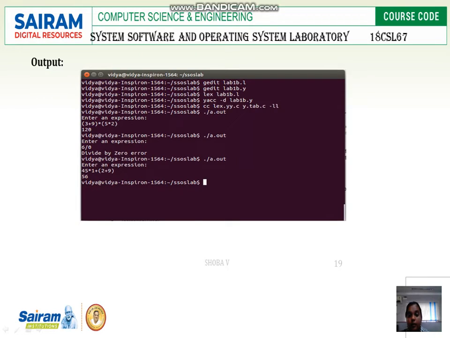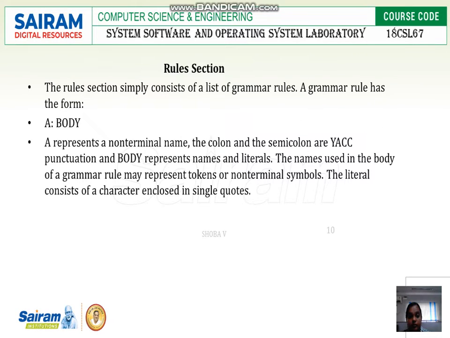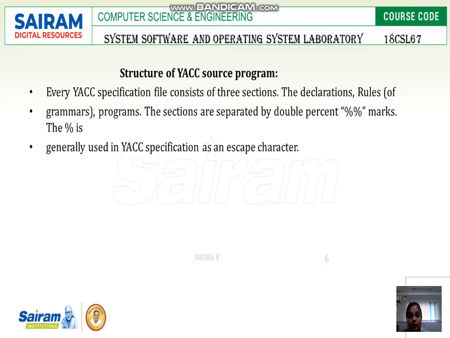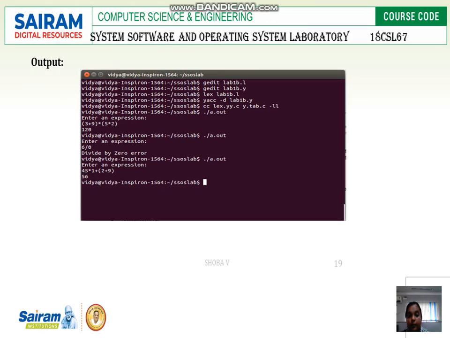So this is the output by using the gedit editor. The gedit program is filename.l for lex and filename.y for yacc, and the same steps that we have discussed, we follow here. So it is lex filename.l and yacc -d filename.y, and then by using the C compiler, cc lex.yy.c y.tab.c -ll, and to run the code, ./a.out, we will get the output.